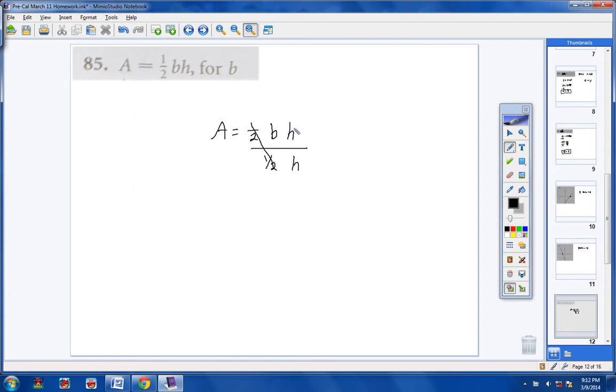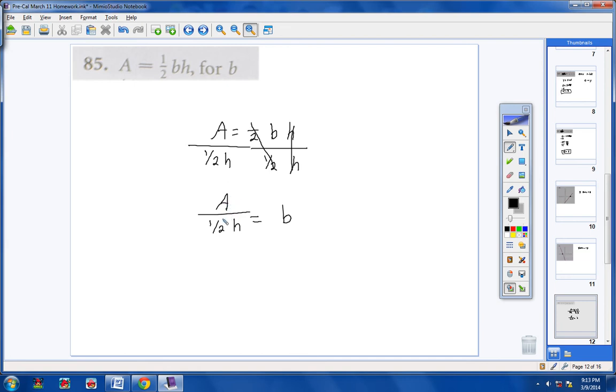So these cancel, but you must also divide the other side by 1/2 h. And if you do that correctly, these cancel out, you're left with b over here. Over here, you're left with a over 1/2 h.